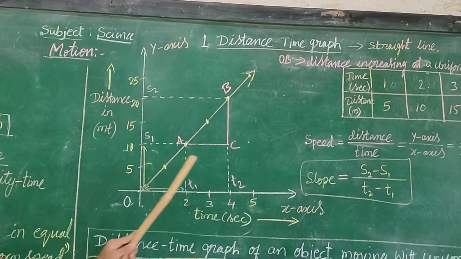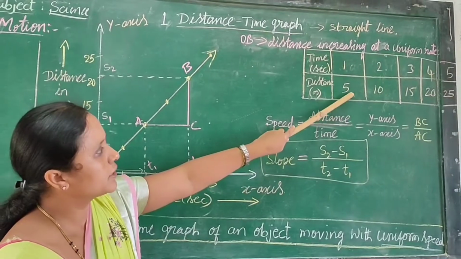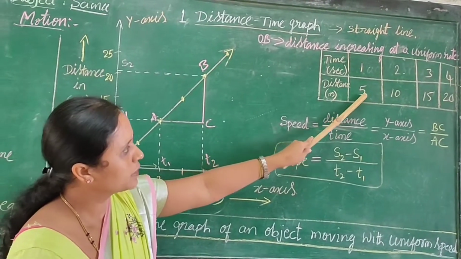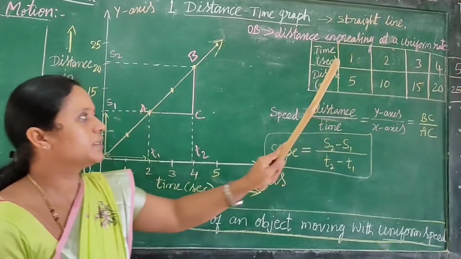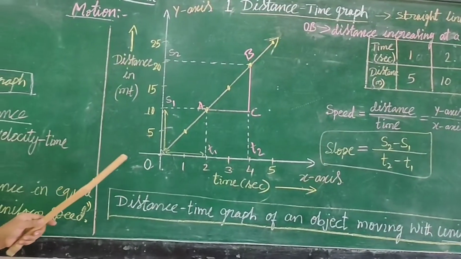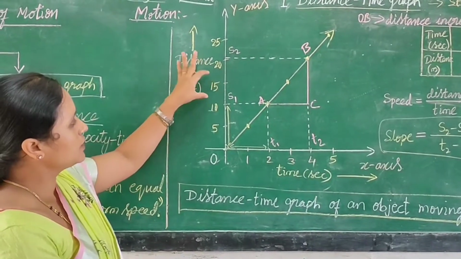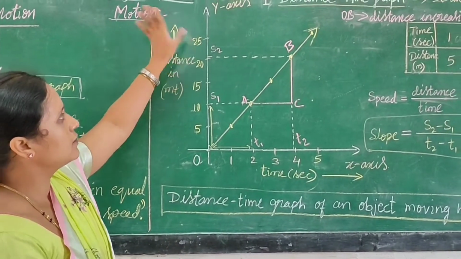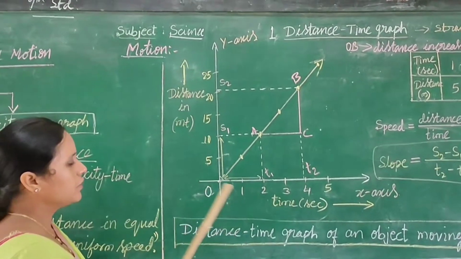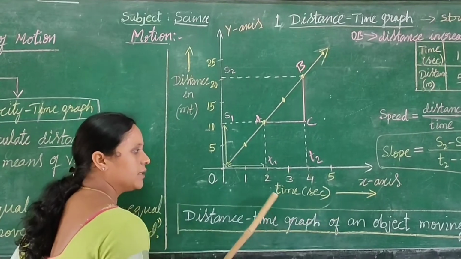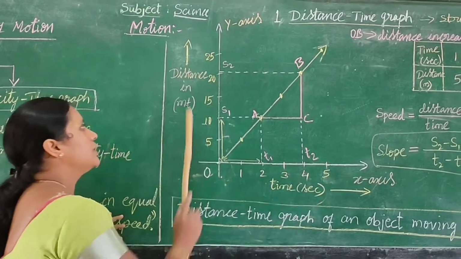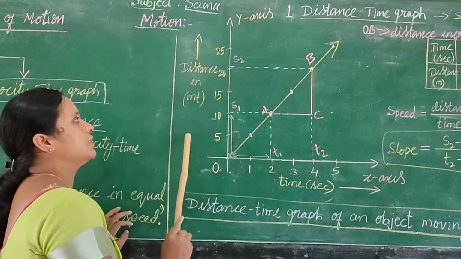Here also I will take according to our convenience. Here you can see 5, 10, 15, 20, 25. Each part is 5 meters, 10 meters, means equal parts I will take on the y-axis. So on the x-axis I will take time and on the y-axis I will take distance.